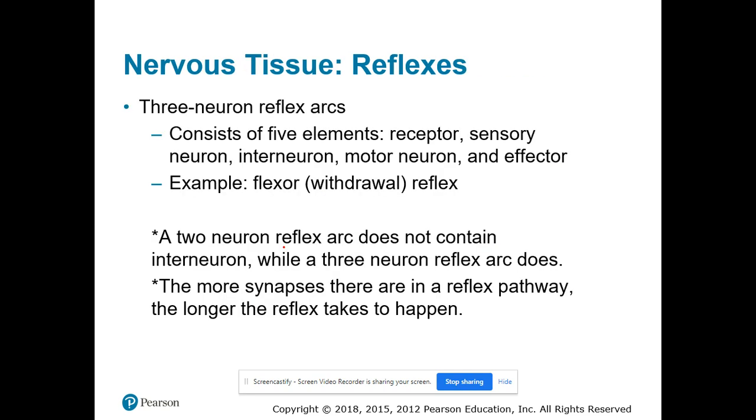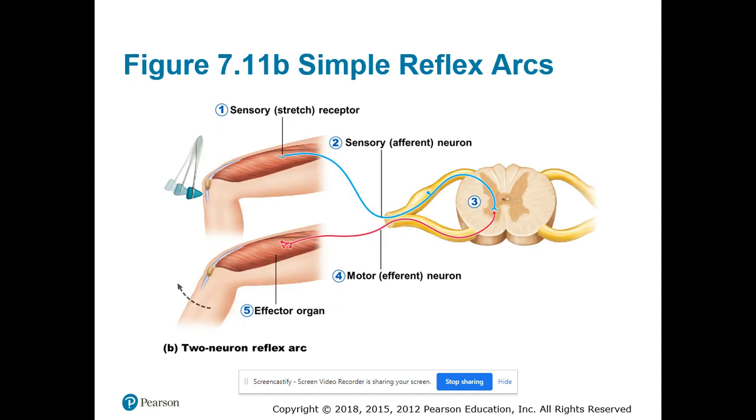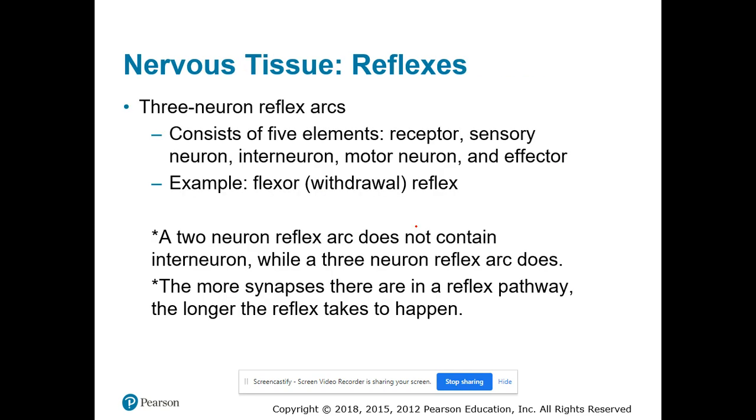A 3-neuron reflex arc is a lot different. Instead of just having a sensory neuron straight to a motor, the part that is different about it is it has something called an interneuron. An example of this is if you have a flexor reflex or a withdrawal reflex. You still have a receptor, sensory, motor, and effector, but remember that key difference is that interneuron.